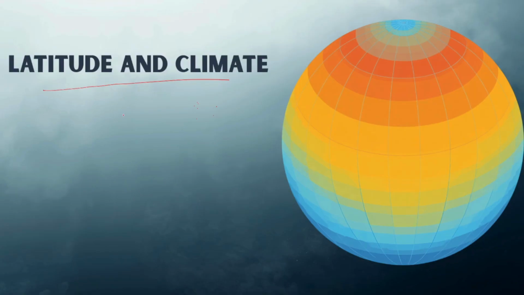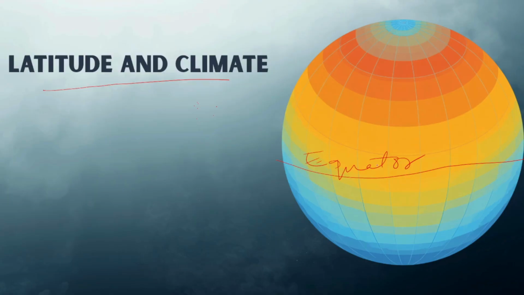Latitude plays a major role in determining climate. Places located near the equator receive direct sunlight. If you see here, this is the equator, so the sunlight is received directly.